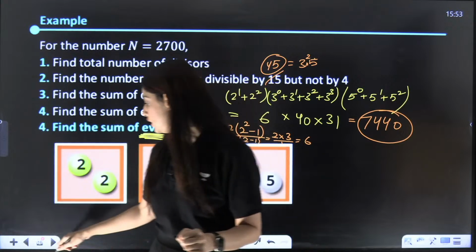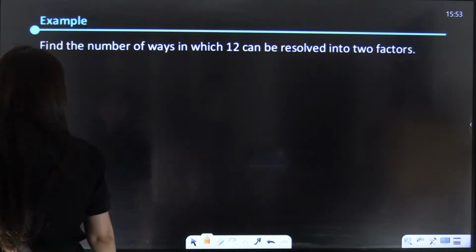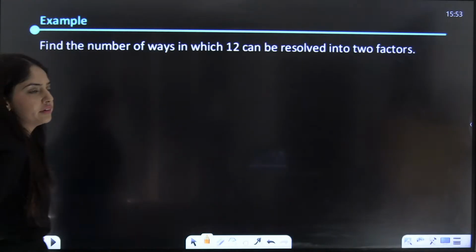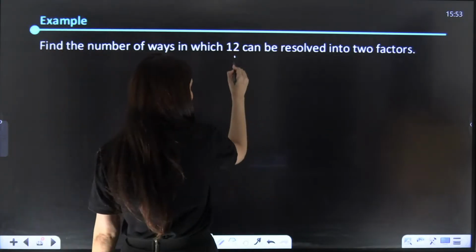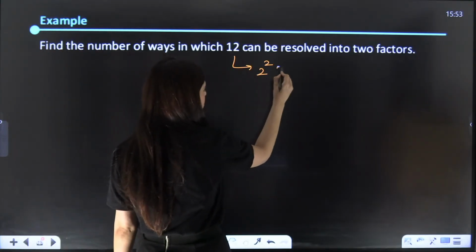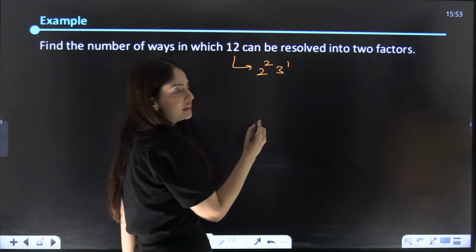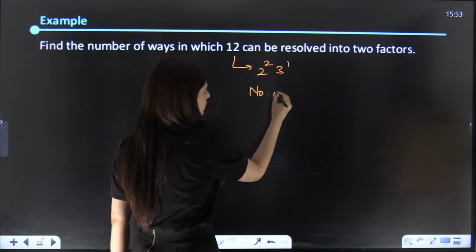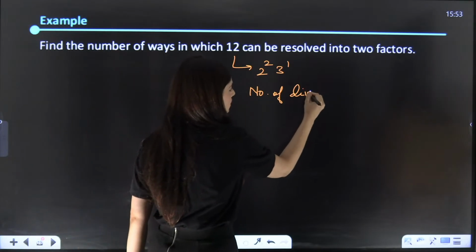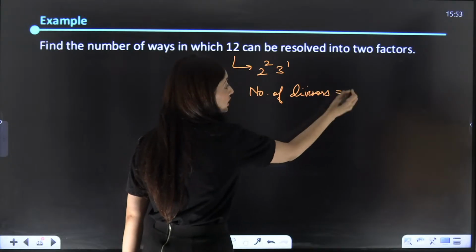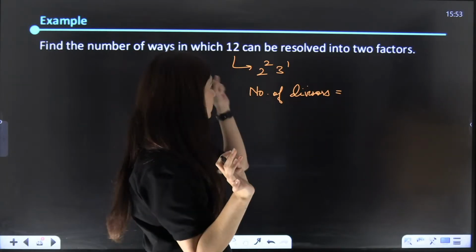Okay. Now, the number of ways in which 12 can be resolved into two factors. What is 12? 2 raised to power 2 into 3 raised to power 1. How many total number of divisors? Total number of divisors first, not the answer to the problem.